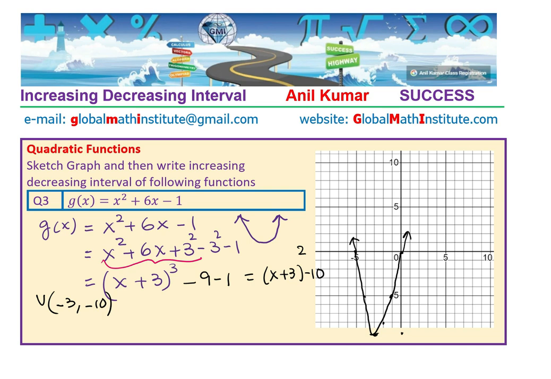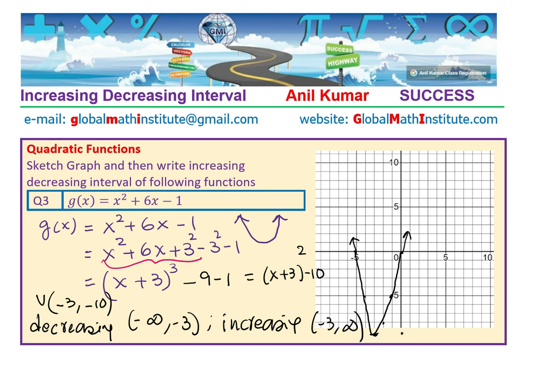So that is good enough to give you increasing and decreasing intervals. So clearly here it is decreasing from minus infinity to minus 3 and is increasing from minus 3 to infinity. Is that clear to you? So that is how we are going to solve this particular question.